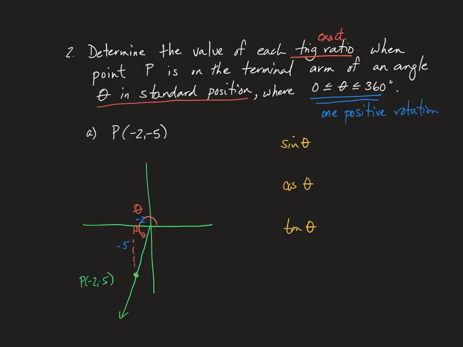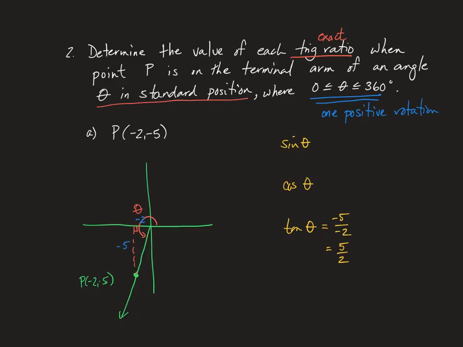We should see which ratio that is, because the only side lengths I have on that triangle are adjacent and opposite, which means the only thing I can come up with is my tan ratio. My tan is going to be opposite over adjacent, and I, of course, am going to simplify that to 5/2.